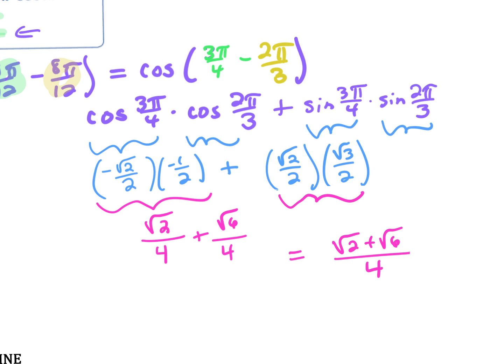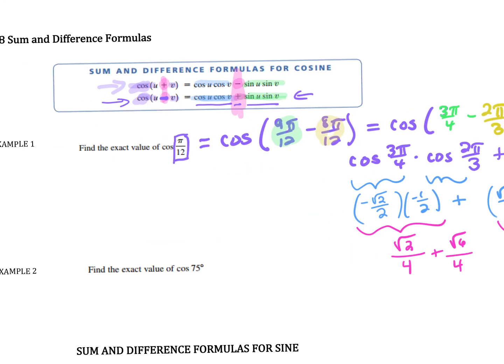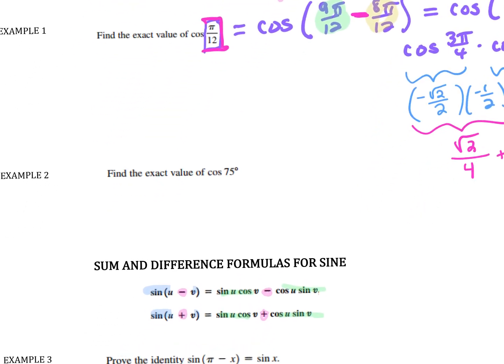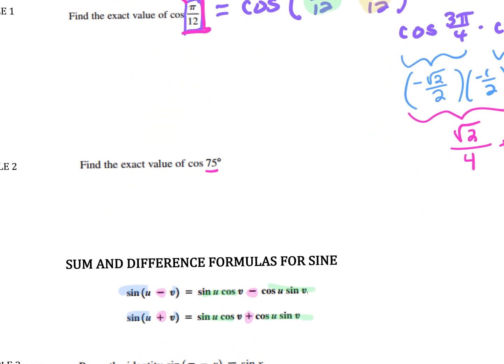Marley? I'm confused. How do you know it was the subtracting one and not the... Because up here, to get to the pi over 12, we subtracted. So do you get to choose which one you do? Yeah, so like to get the 75 degrees, we might add 2 angle measures to get to 75, right?